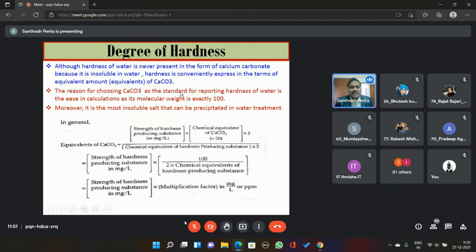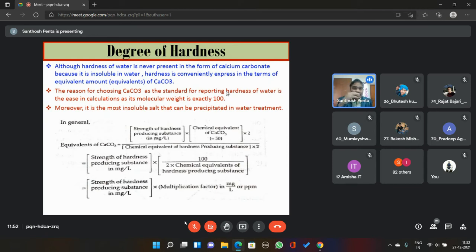Because calcium carbonate is the standard for reporting hardness of water in calculations: its molecular weight is 100 and its equivalent weight is 50, because calcium is plus 2, so 100 by 2 gives 50. For the calculation it is very simple because the digits are round figures, and at the same time it is the most insoluble precipitate, or insoluble salt, in the water sample. Out of any precipitates you can consider, calcium carbonate is the most insoluble. It is easy for calculations because its molecular weight is 100 and its equivalent weight is 50. That is one of the main factors.